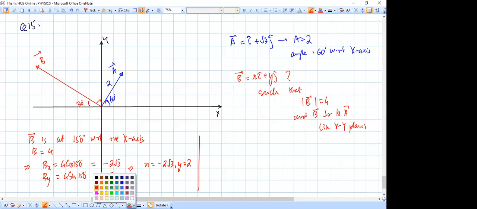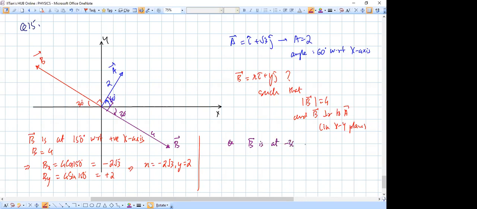That's one option, but there is also another option. B can also be like this. Alternately, the vector B can also be in the fourth quadrant. It could be like this. It can be like this also. So it could also be like this, where this angle is 30, because this whole thing is okay. So B is at minus 30 degrees or 300 degrees with respect to positive x-axis.